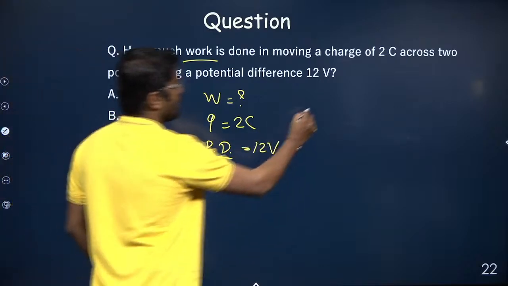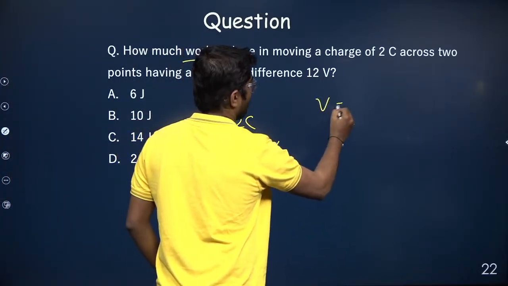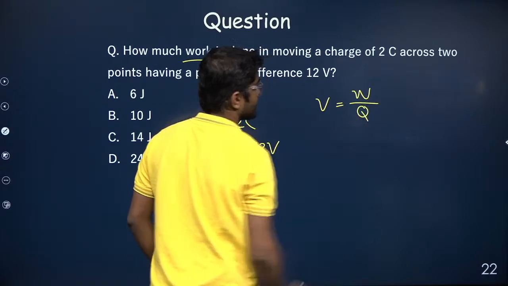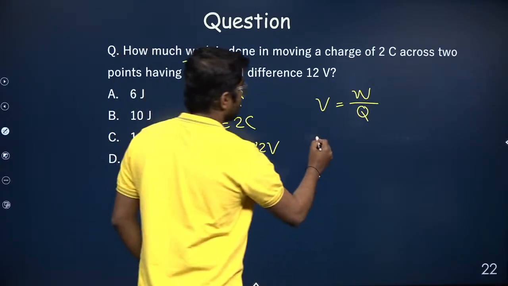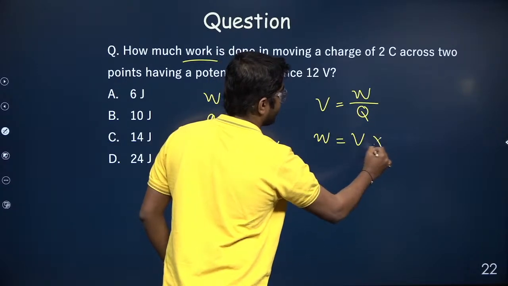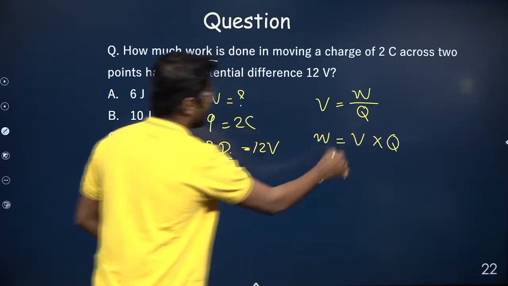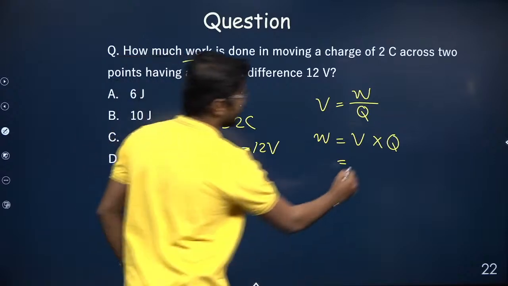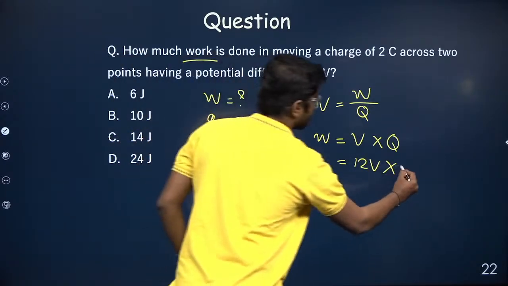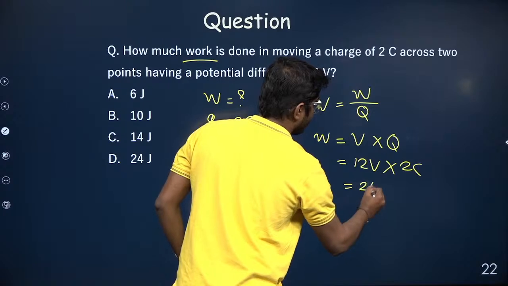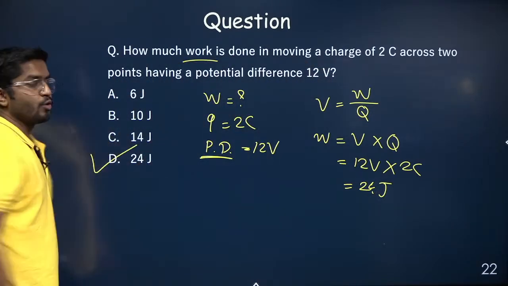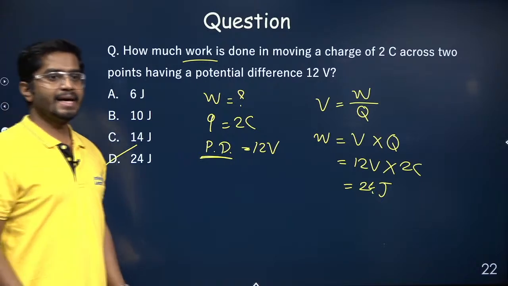We know the potential difference is work divided by charge. Correct? So the work done would be the potential difference multiplied by charge. What is the voltage? 12 volts multiplied by charge, which is 2 coulombs. So this will be 24 joules. So work done would be 24 joules. Clear? Easy?